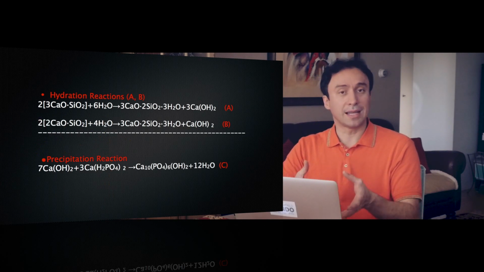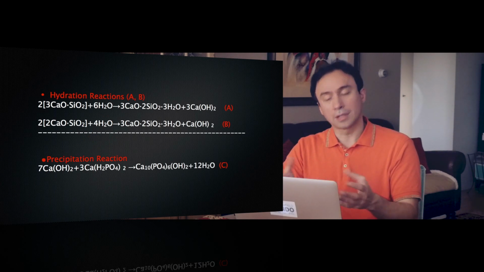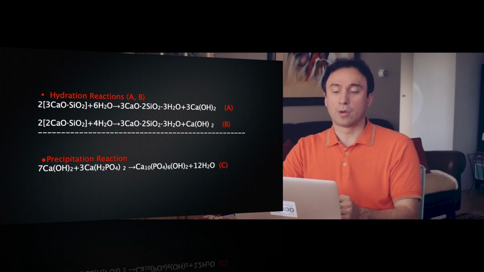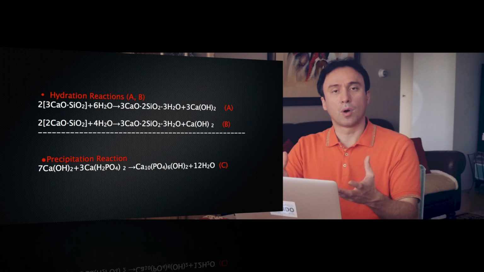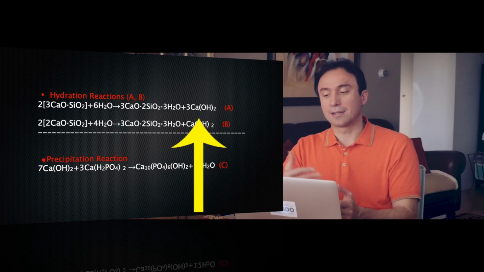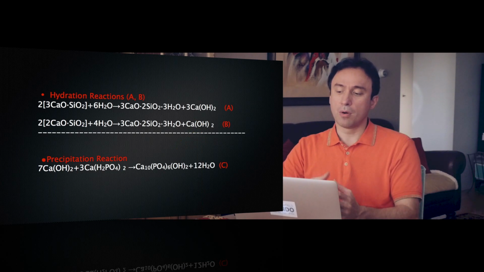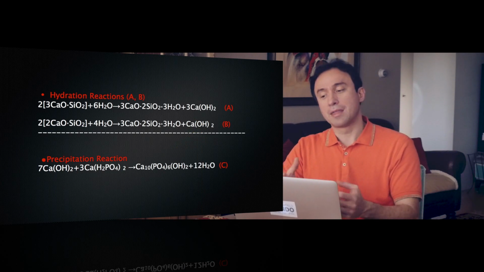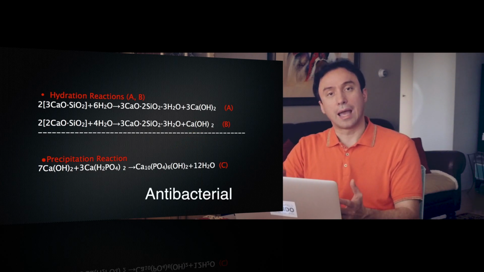In case of endodontics, it'll pick it up from dentinal tubules, even if you dry or desiccate it, because there's still water molecules around. These free water molecules are going to be absorbed, and then it's going to release calcium hydroxide. So the calcium hydroxide component shows that this sealer is going to be very antibacterial.